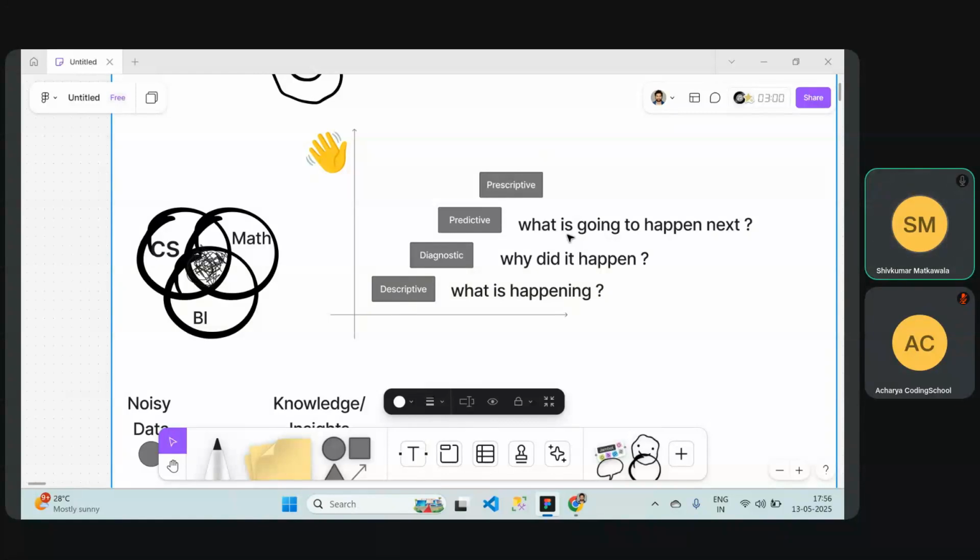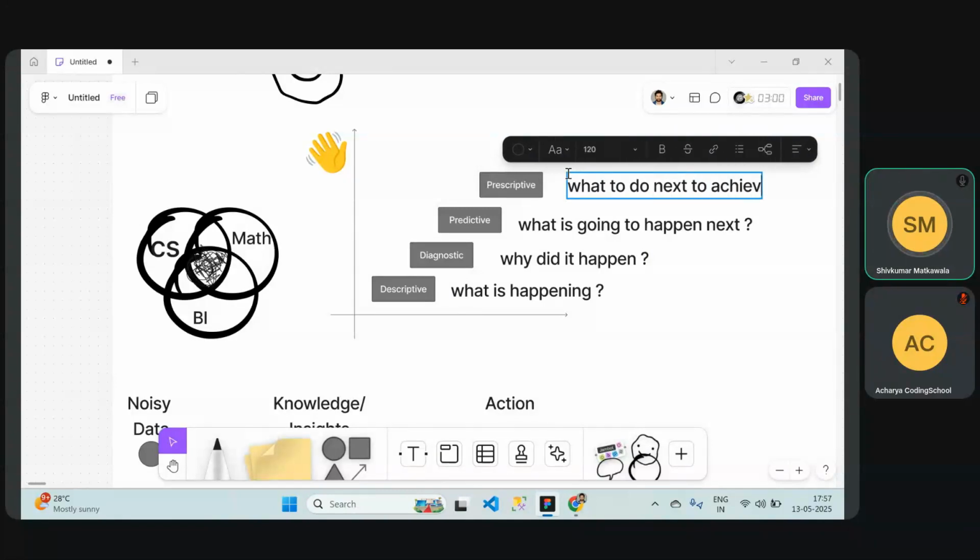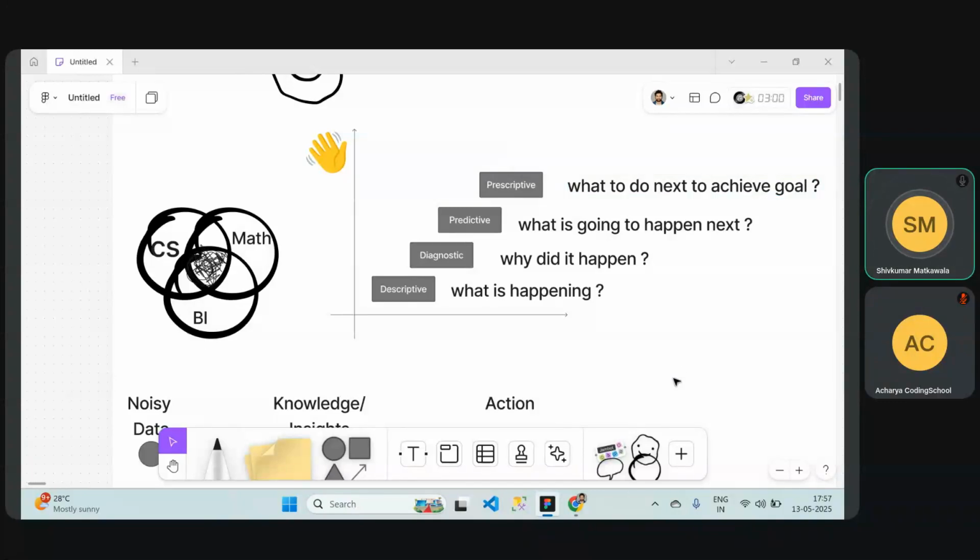What should I do? That is called prescriptive analysis: what to do next to achieve the goal. These are the questions we will have in our mind.